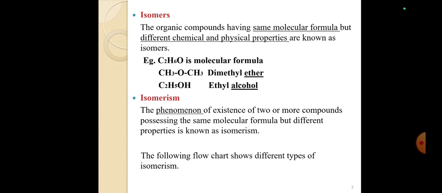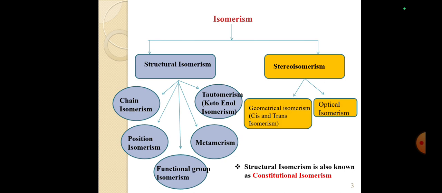This phenomenon of existence of two or more compounds with the same molecular formula but different properties is known as isomerism. See, one compound is acting as an ether and another compound is acting as an alcohol. So as soon as their functional group changes, their chemical as well as physical properties will change.